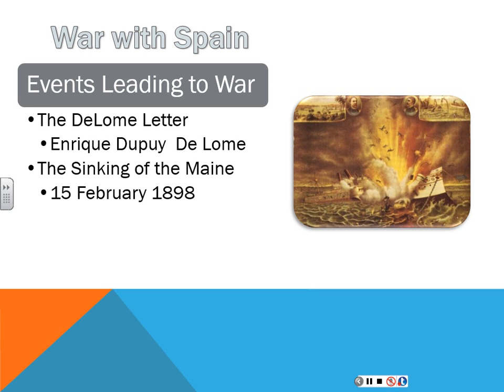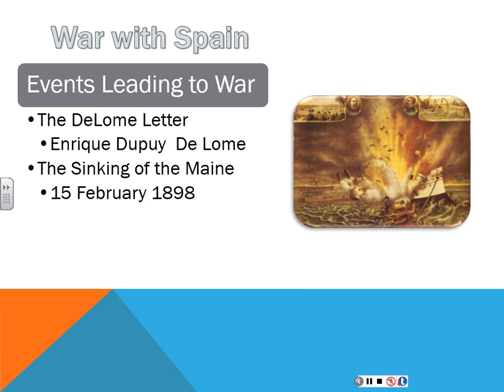The newspapers at first report that it was hit by a Spanish mine in Havana Harbor. Later in the year, after the war is over, an investigation would say that there was no mine there.